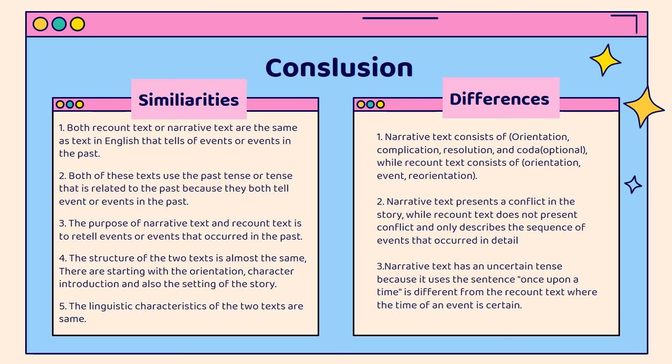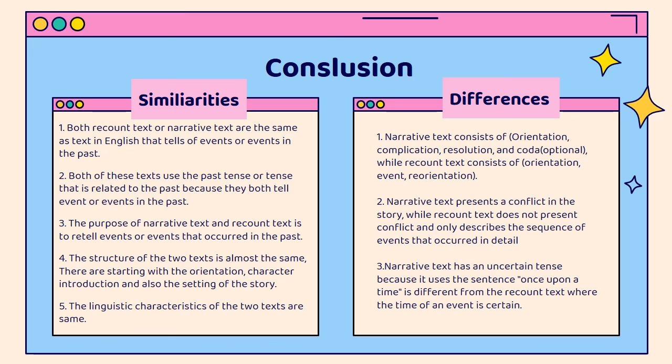The differences between narrative text and recount text are, number one, narrative text consists of orientation, complication, resolution, and coda, while recount text consists of orientation, event, and reorientation.